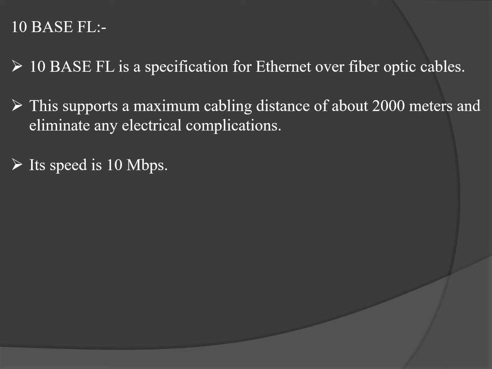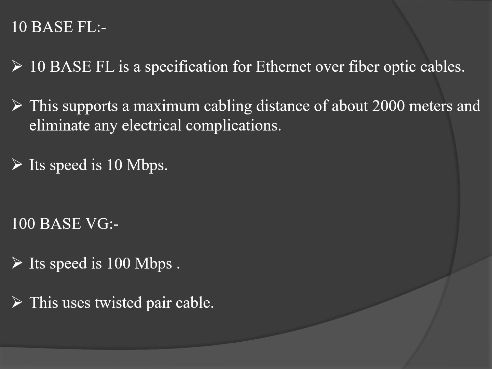So this is about 10-base-FL, and one more we also have, that is 100-base-VG, where VG stands for voice grade. Here the speed is just 100 megabits per second, and we can use twisted pair cable in order to achieve connection. The twisted pair cable, again, can be either UTP or STP.